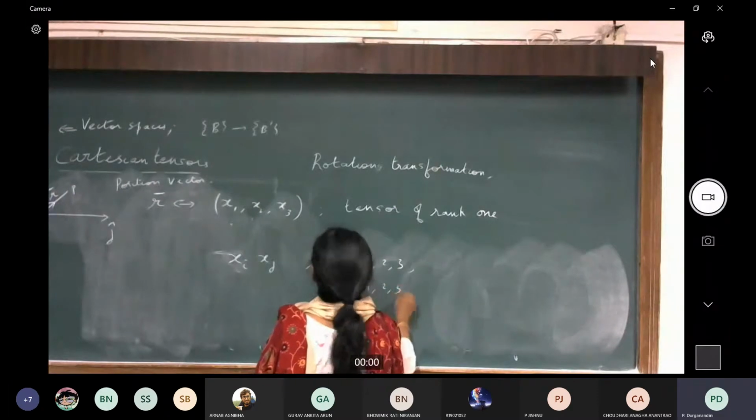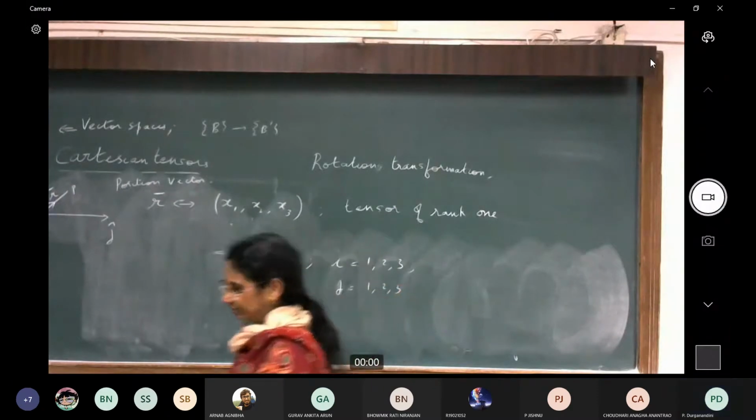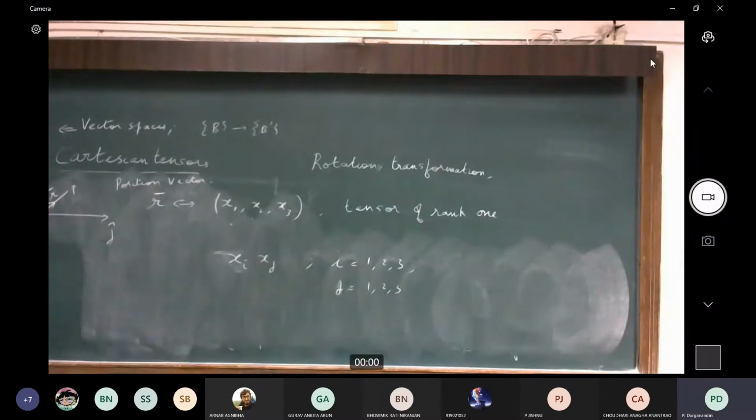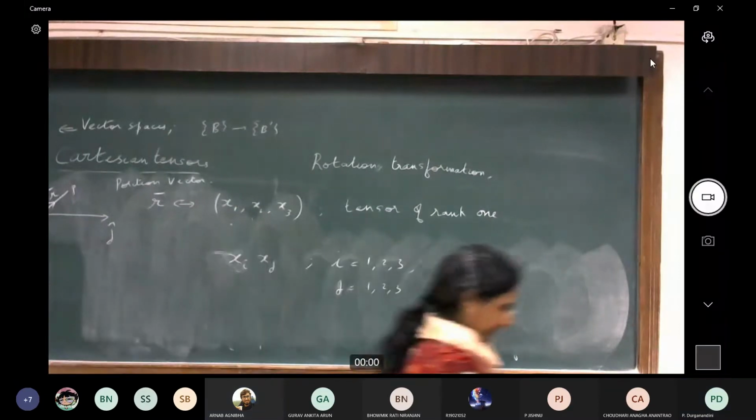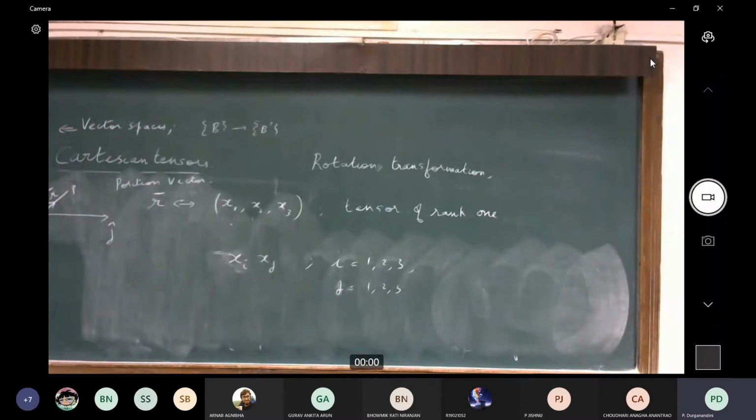So firstly, how many components has this object got? Sorry, 9. It has 9 components. So can this be a scalar at all?